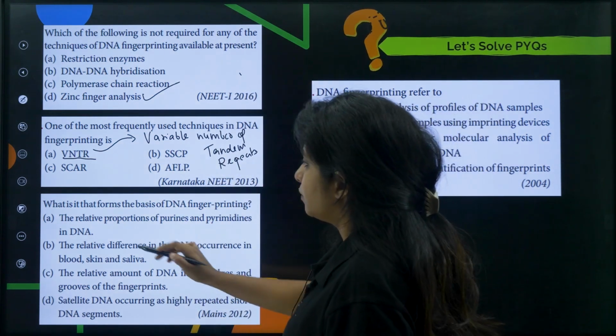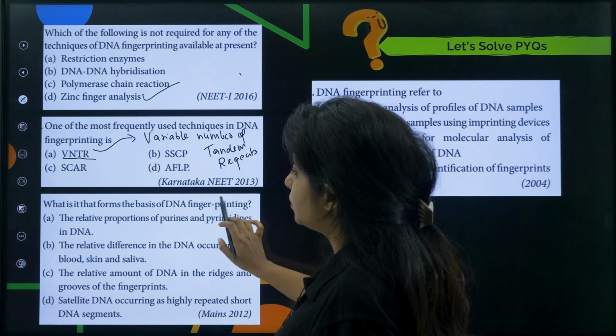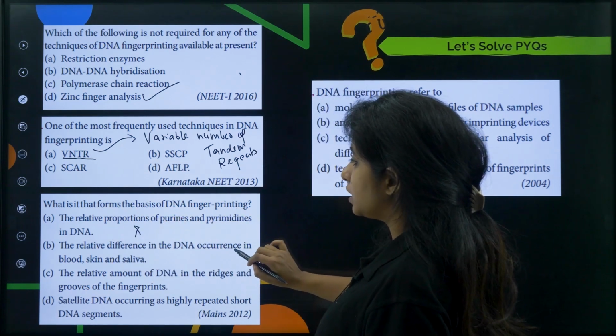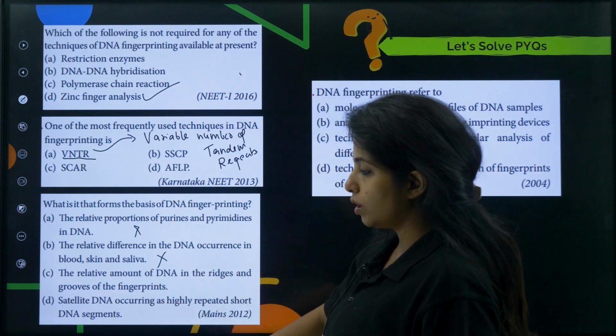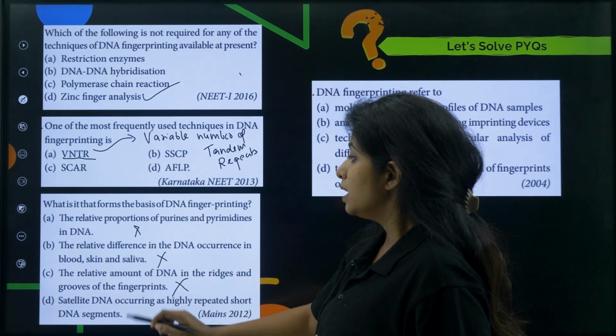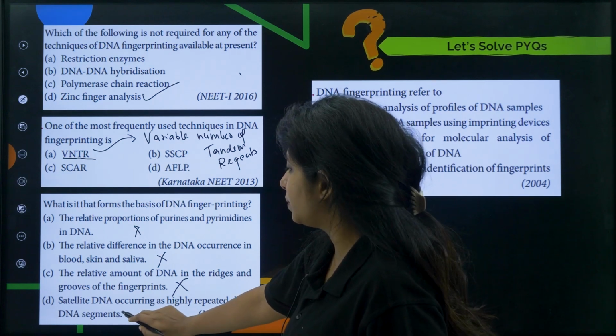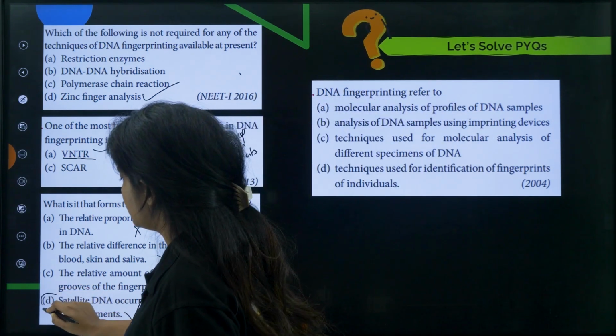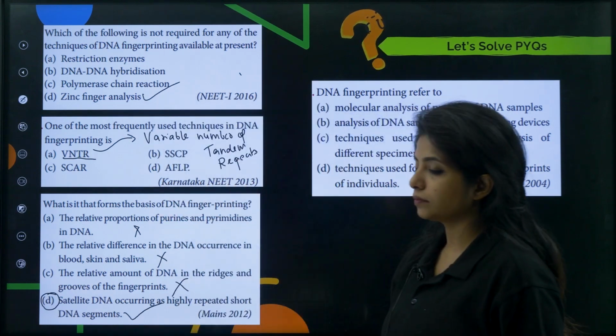Now, what forms the basis of DNA fingerprinting? The relative proportions of purines and pyrimidines? No, children. The relative difference in DNA occurrence in blood, skin and saliva? No, everything is the same. The relative amount of DNA in the ridges and the grooves of fingerprints? No. Satellite DNA occurring as highly repeated short DNA segments. This is the correct answer. Cool.